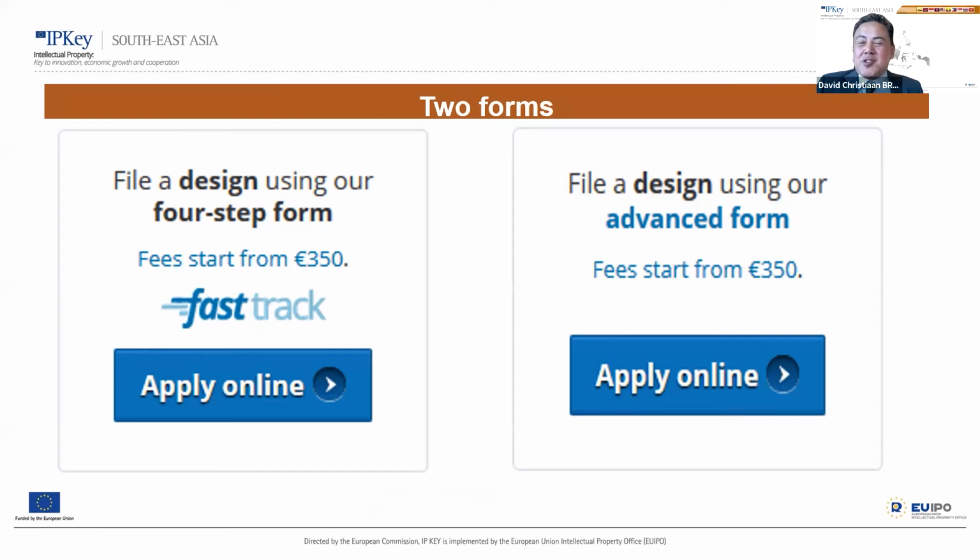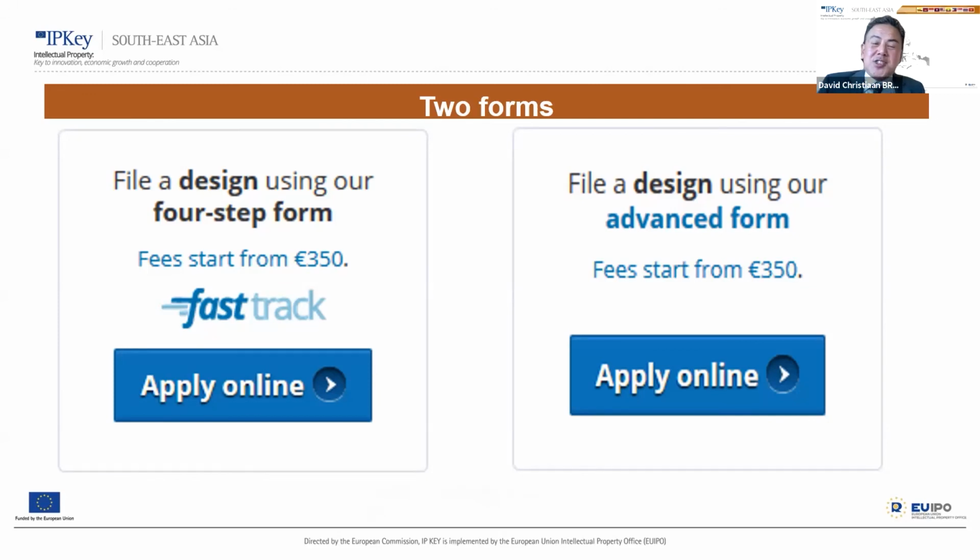The requirements are, for example, that all the details have to be correct, the applicant details, there has to be a valid representative in the file. If there is a priority claim, the priority documents have to be filed immediately. And of course, which is logical, there cannot be any deficiencies in the images. As soon as there are deficiencies, it stops being a fast track and it converts into a regular track.